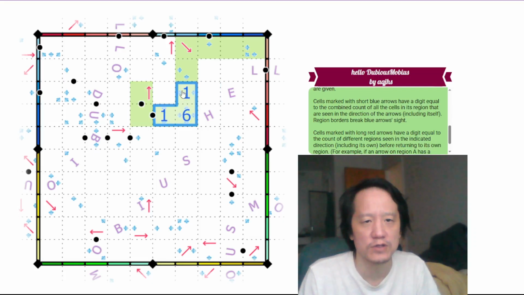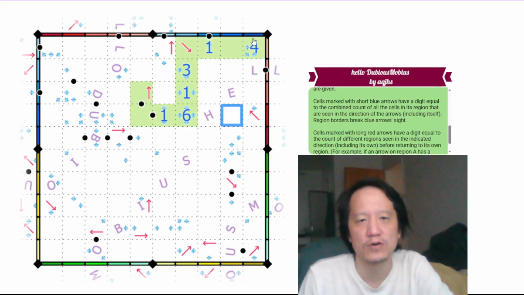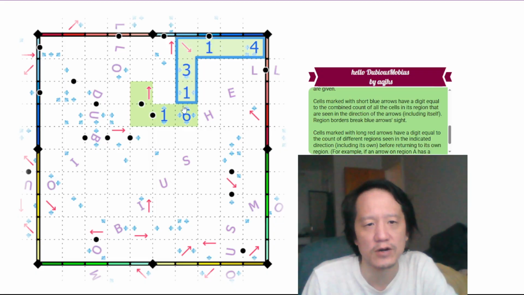Obviously, this won't work then as a region. This would see 3 because it doesn't see any arrow digits in that direction, as it's blocked by region borders. This would see 1. This would see 4. So those are examples of how blue arrows work here.